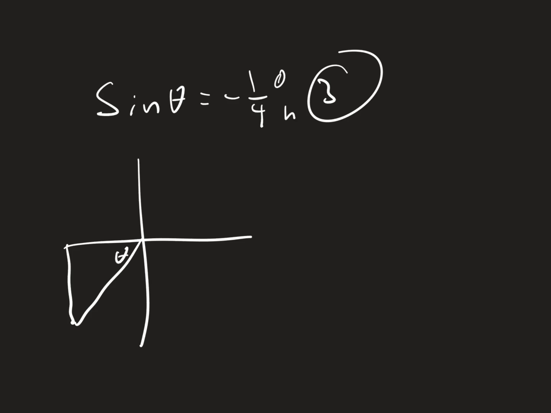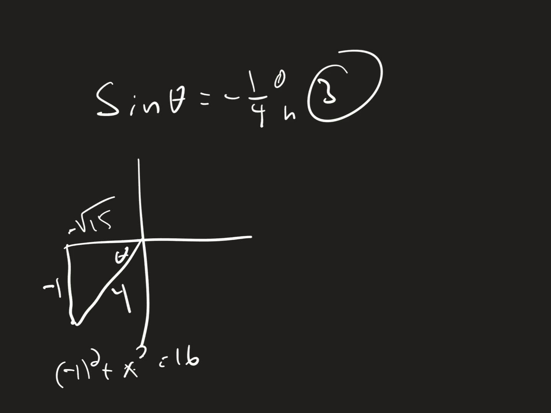This is the hypotenuse, and we know the hypotenuse is always positive, so that's 4, and y is negative 1, because y's are negative there. Then we'll apply the Pythagorean theorem: negative 1 squared plus x squared equals 16. So it'll be 15, so this will be the square root of 15. And it's negative because it's over here in quadrant 3.